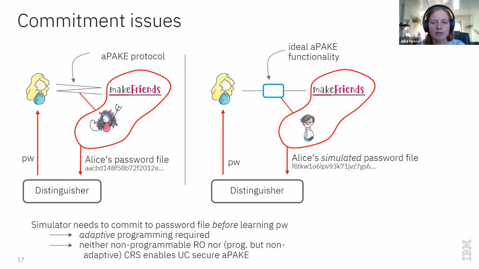A distinguisher can then check whether the file works with respect to the true password. The crucial observation is that if this check is offline, so without interacting with the simulator or any other entity, then the simulator cannot resolve his commitment issue, and he is trapped.